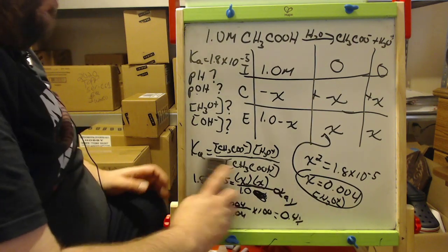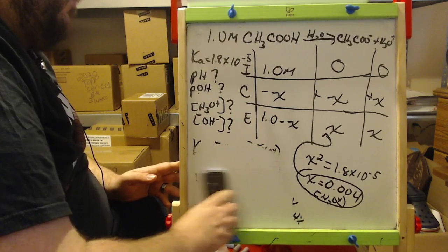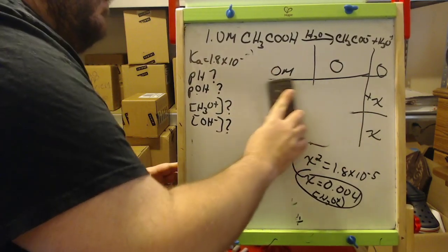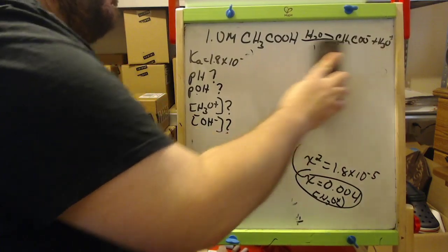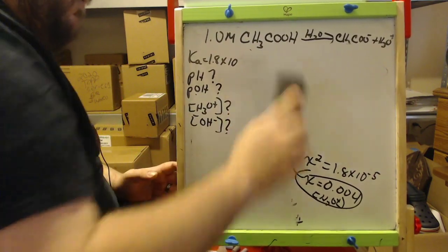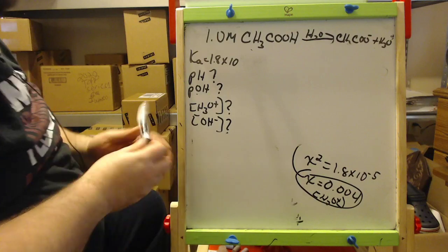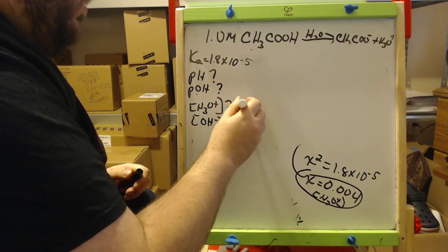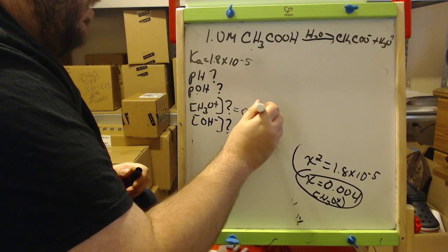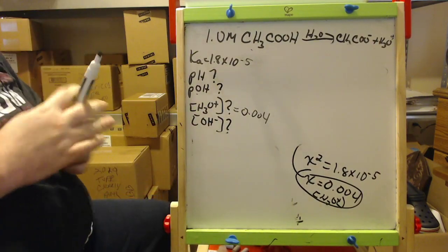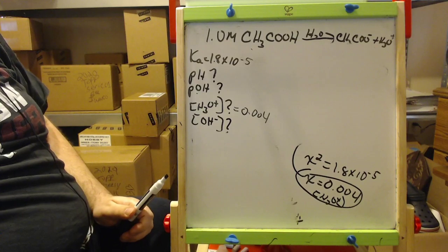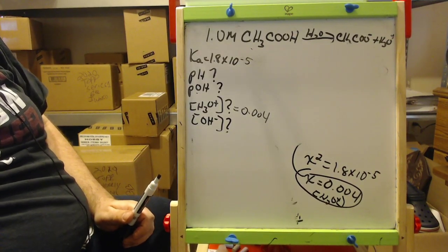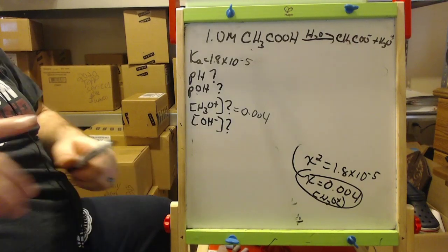So to finish the problem off, let's answer the questions just for completeness. I want to erase this down here. We'll keep the 0.004, and we'll start filling in our answers here. So the 0.004 is our concentration of hydronium. The pH will be the negative log of that number, 2.37.